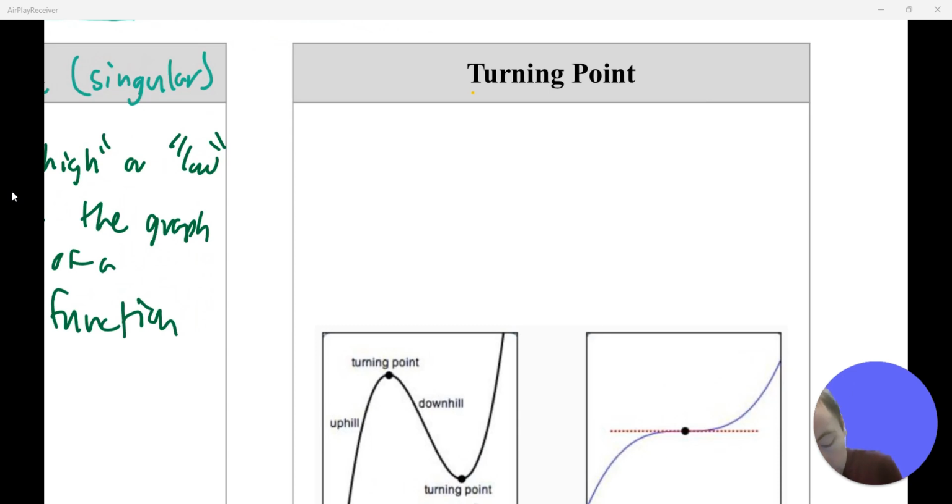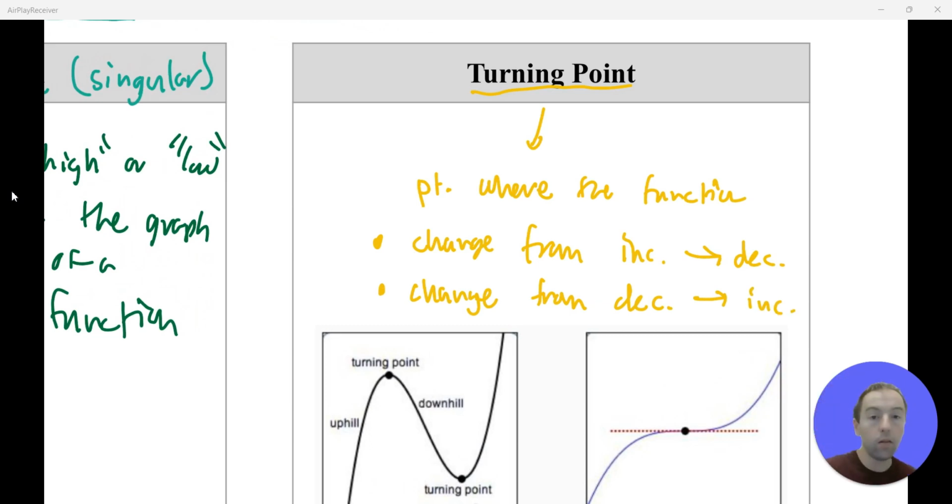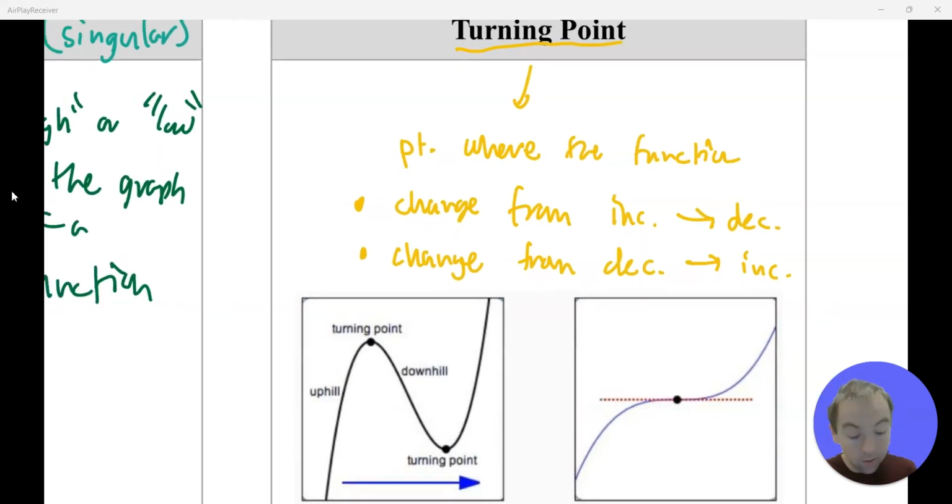So when we have this term turning point right here, what defines a turning point is that it has to be a point on the graph of a function where the function is going to either, number one, change from increasing to decreasing at that point. Or our other option is just vice versa, to change from decreasing on an interval to increasing at that particular point. And that's how we're going to classify a turning point.